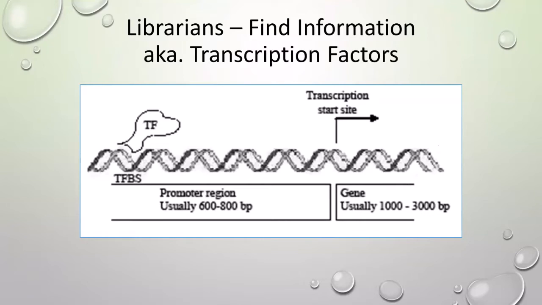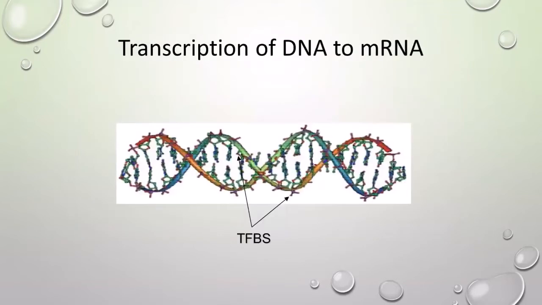If you need to transcribe a particular gene, for instance, if the cells go into heat shock, where the temperature goes too high for the cells, there's a whole heat shock response in the cells, and they send out the transcription factors, which will bind to the transcription factor binding site here. We'll look at that in the next slide.